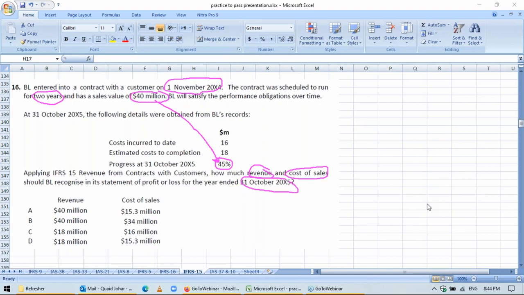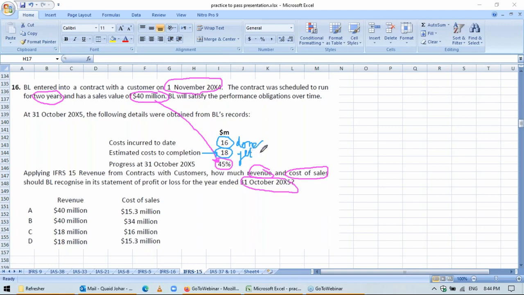So for the cost of goods sold working, I'm using a different color to distinguish. See, the cost which they have already incurred is 16, right? This is the already spent amount. And further, they are going to spend 18. This 18 is yet to be incurred in the future. 16 has been done, and this is yet to be done.